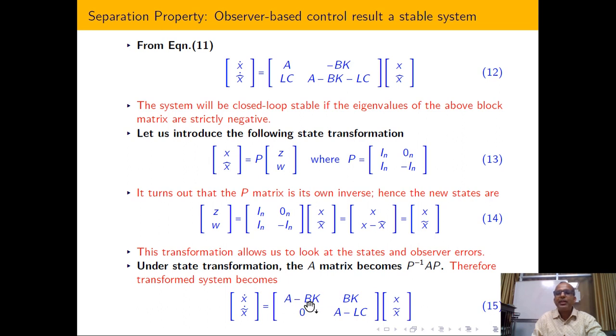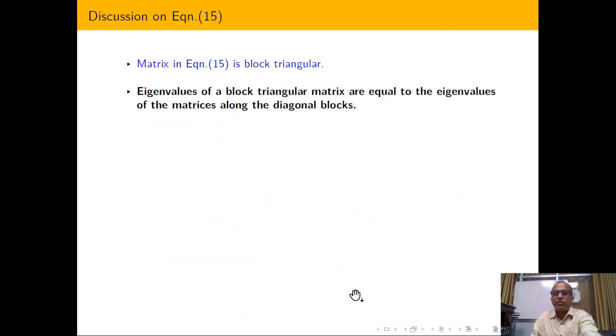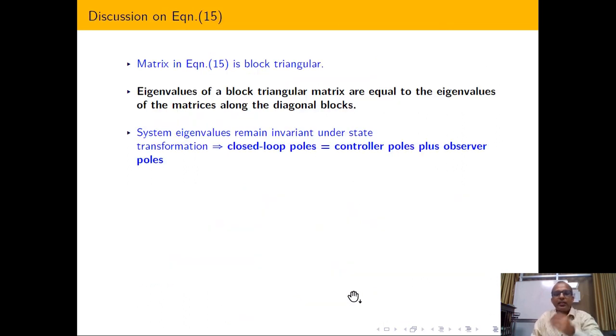So eigenvalues come from this block and from this block, and BK does not come into the picture. The system eigenvalues remain invariant under state transformation, so the closed loop poles equal the controller poles plus the observer poles. It is possible to show, and perhaps I have already shown, that whenever you do a transformation, controllability and observability also remain the same.